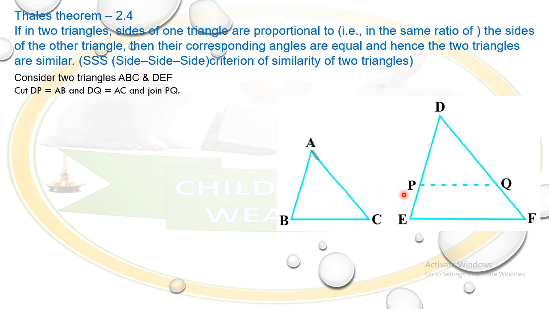That is, we pick a point P on the side DE so that AB is equal to DP, and we'll draw one more point Q on the side DF so that side AC is equal to DQ. So after drawing this, we can say triangle ABC is equal to triangle DPQ.